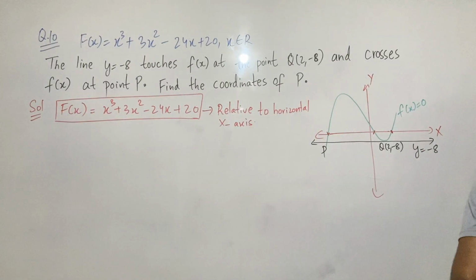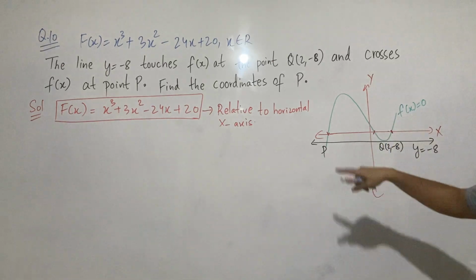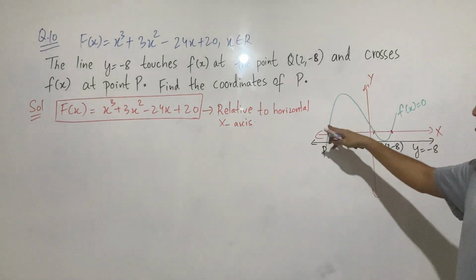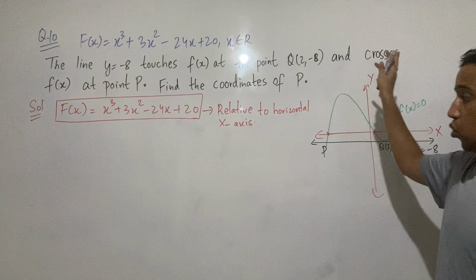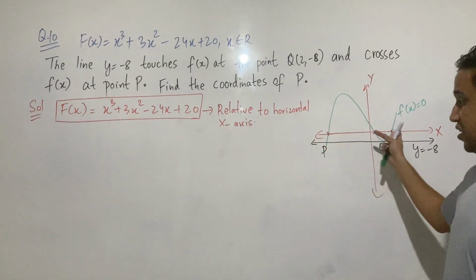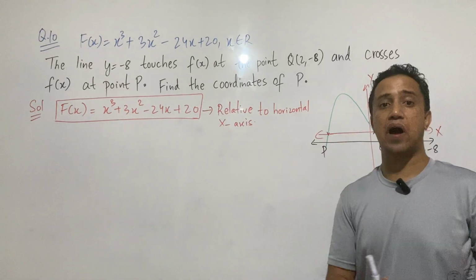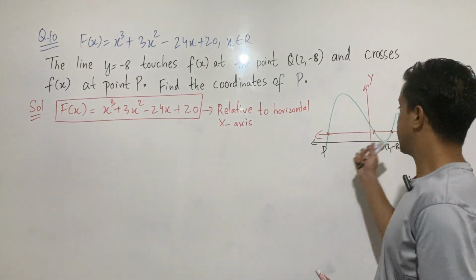Because if you forget about this black line, then you can see that this whole graph is giving us the idea of 3 zeros, the points where the graph is meeting the horizontal x-axis.